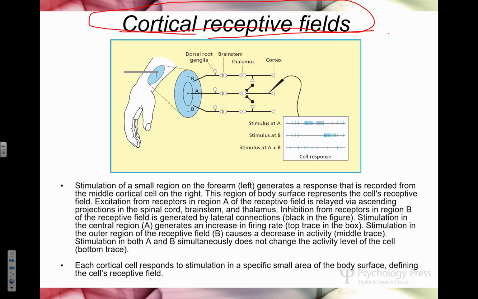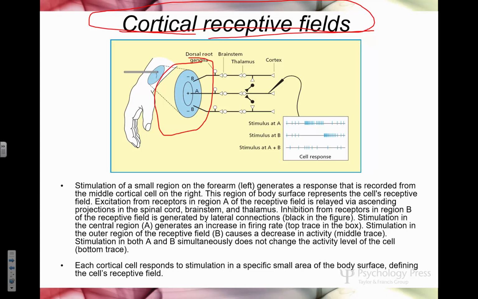But each of those cells is only responsible for a small portion of your arm. And when you move out of that receptive field, the area where it can receive a stimulus, you've moved into another cell's receptive field. So when you move over just a little bit, another cell is going to be responsible for that information, not that original cell. Okay?